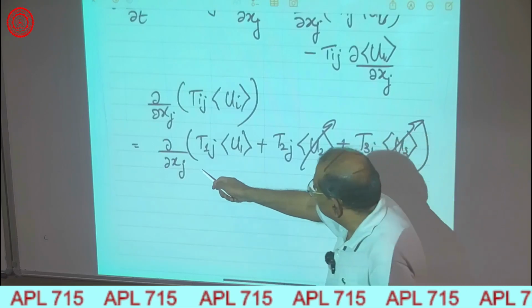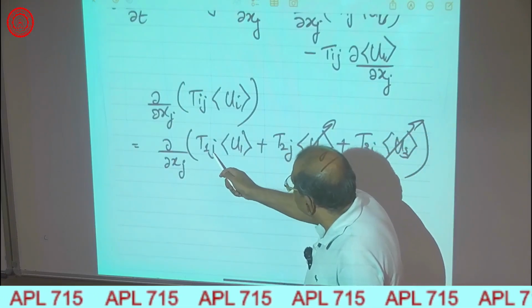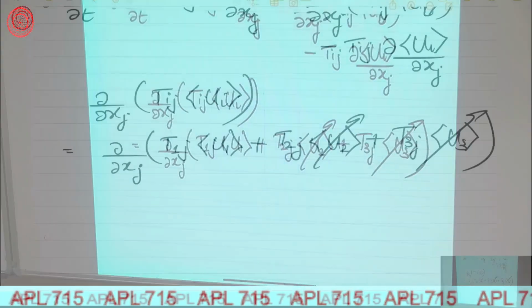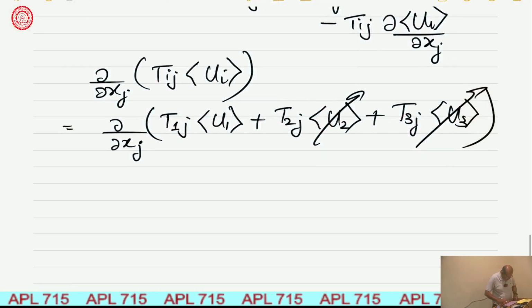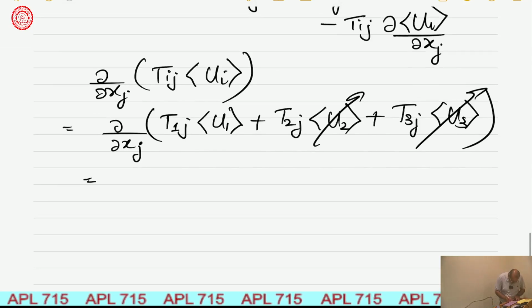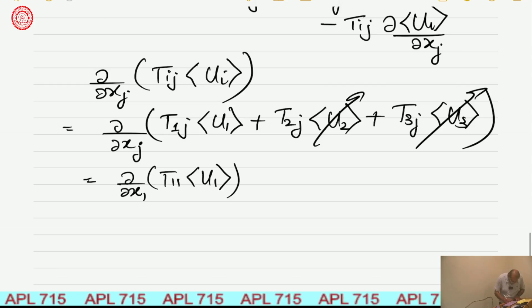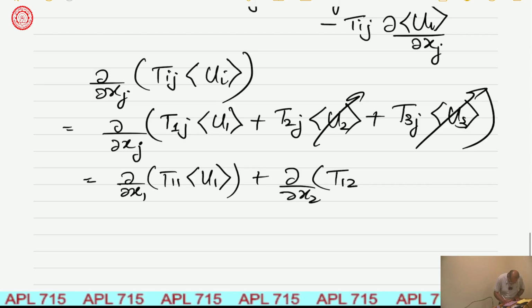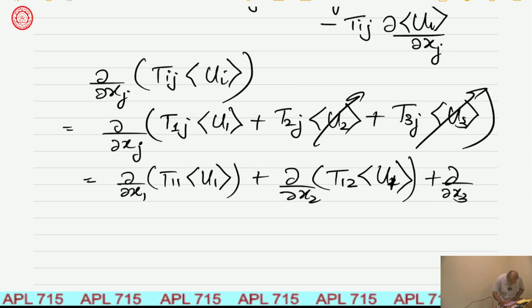T1, let's expand it. So this will be equal to d by dx1 of T11 U1, plus d by dx2 of T12 U1, plus d by dx3 of T13.